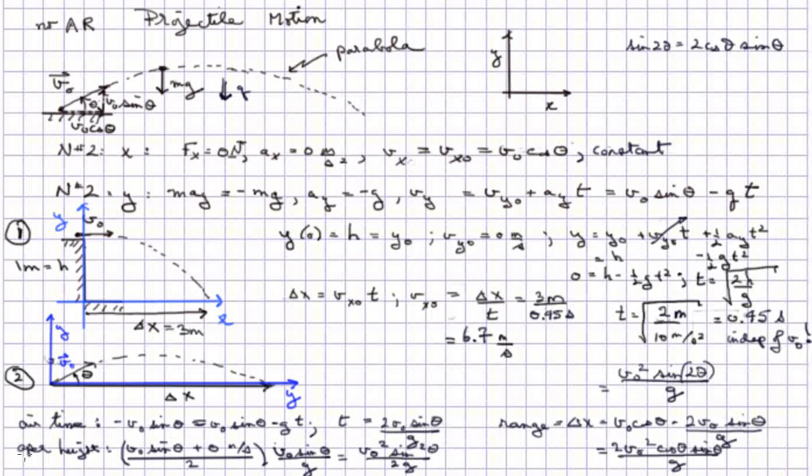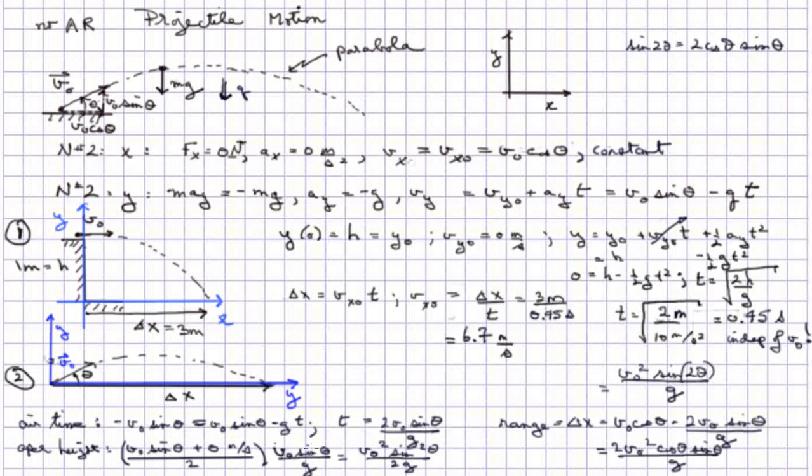Let's calculate the apex height. That would be the highest height from the ground that it achieves. The way I can do that is to understand that the average velocity between when it leaves the ground and gets to the apex is its starting y velocity plus its ending y velocity, which is 0 when it's at the apex. So starting plus ending divided by 2 times the air time to the apex.